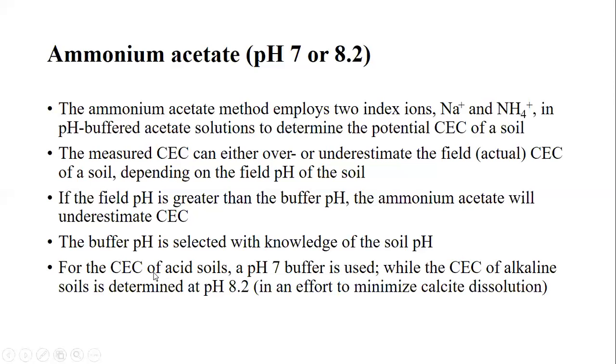For the CEC of acid soils, a pH 7 buffer is used, while the CEC of alkaline soils is determined at pH 8.2 in an effort to minimize calcite dissolution. So in our cases, in calcareous soils in the temperate regions, we usually choose the 8.2 buffer to determine the CEC of the soil.